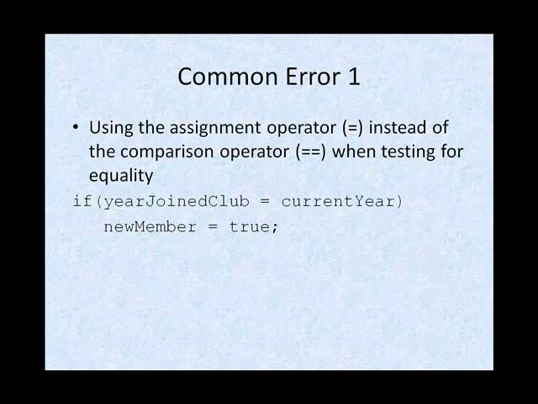For example, if you type "if year joined club = current year," the single equal sign will cause a compiler error because it will attempt to assign current year to year joined club, and that's illegal in an if statement. It's an easy mistake to make because in English we say if year joined club equals current year, but the equal sign is not the comparison operator. The double equal sign is.